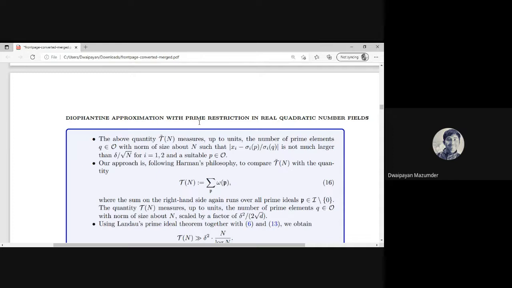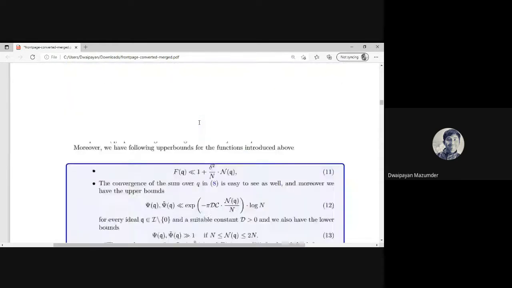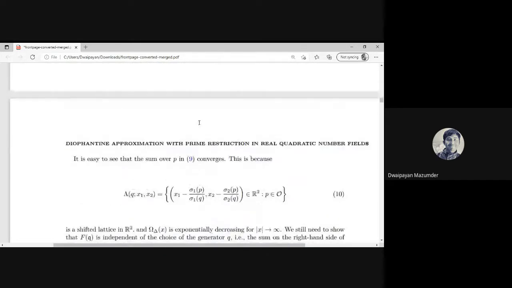That is a known thing due to Landau's prime ideal theorem, and we obtain this T_n is equal to delta square n by log n, and we will use this 6 and 13. This is that lower bound we will use, and also 6 we will use.